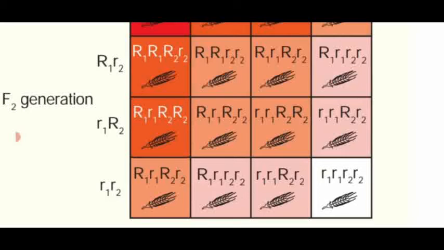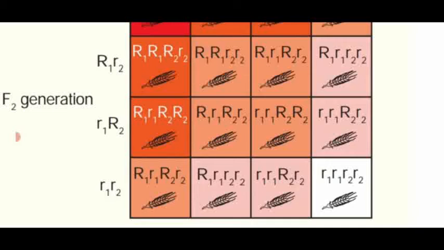6 2R genes are determining the light red color kernel of wheat. Then 1R, 1, 2, 3, 4 is there.